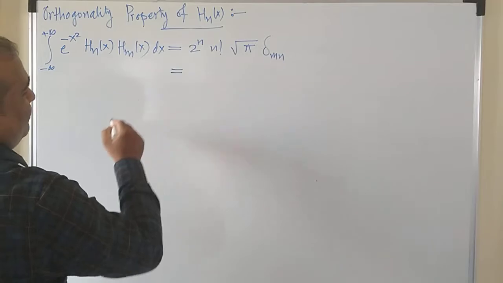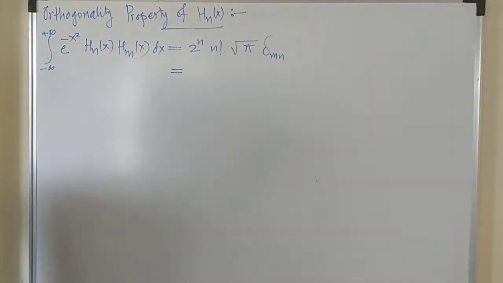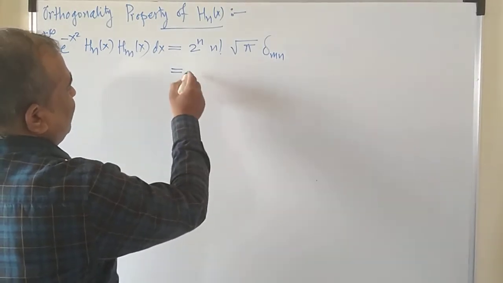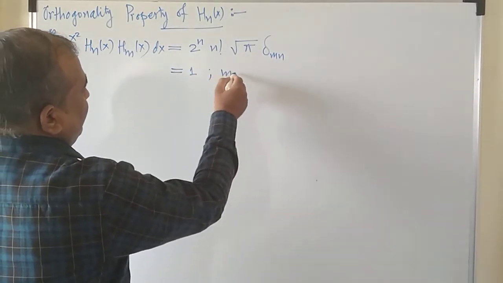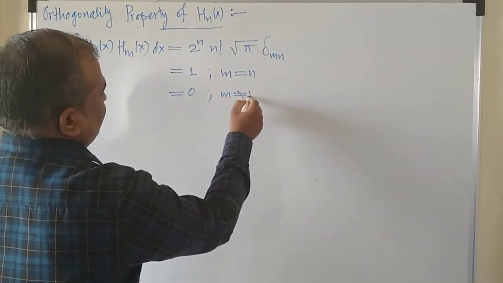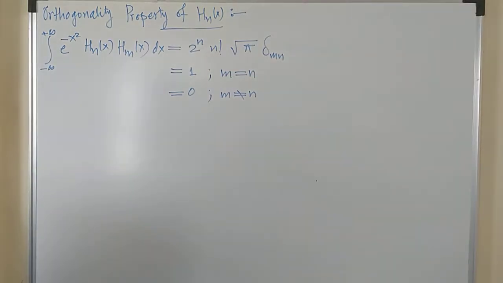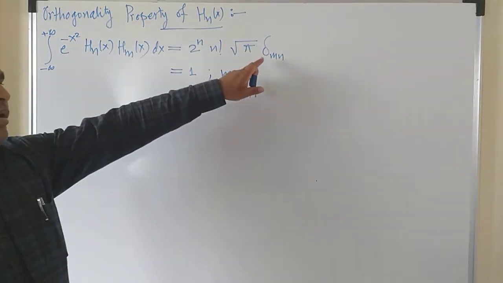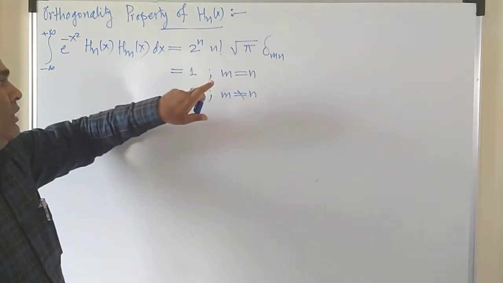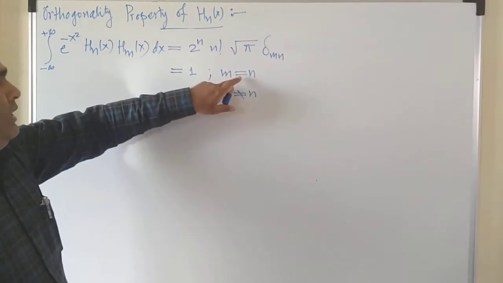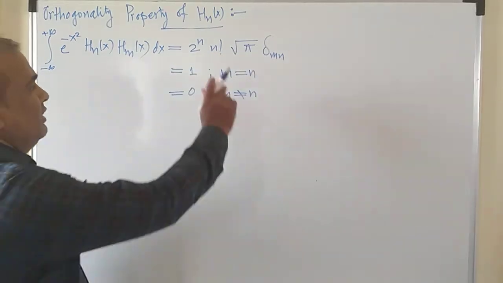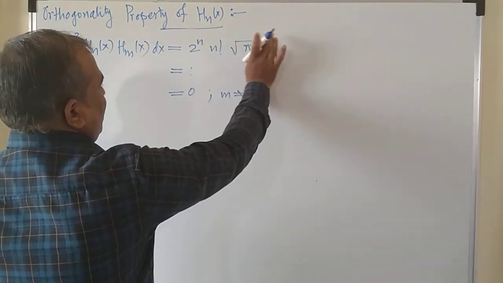So depending upon the values of the Kronecker delta function, it is equal to 1 when m and n are equal, and if both are not equal, then it is equal to 0, right? You might know the properties of the Kronecker delta function, and if delta mn equals 1, you will get 2 raised to n times n factorial.